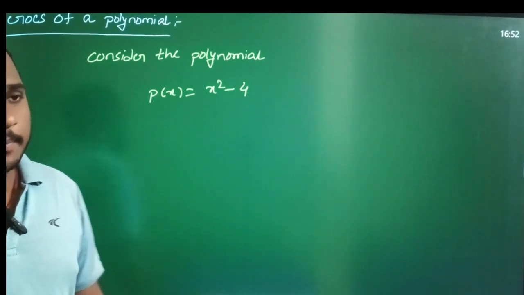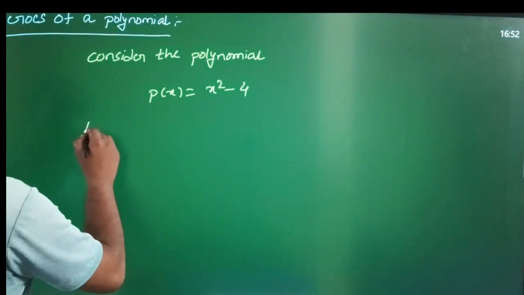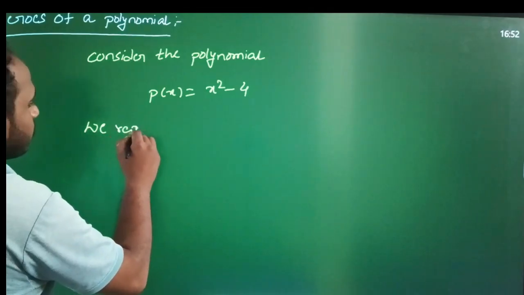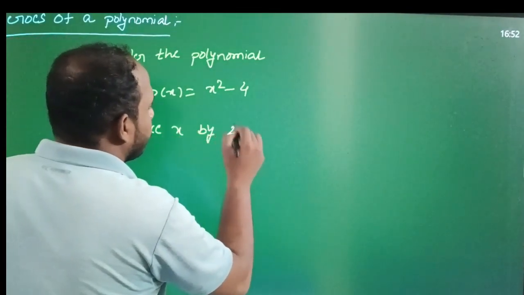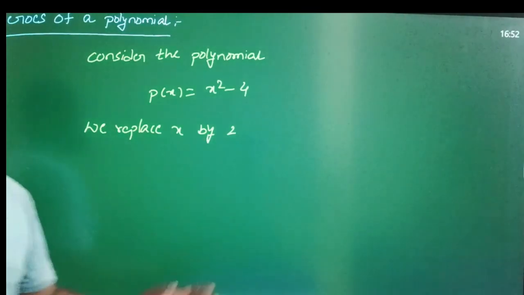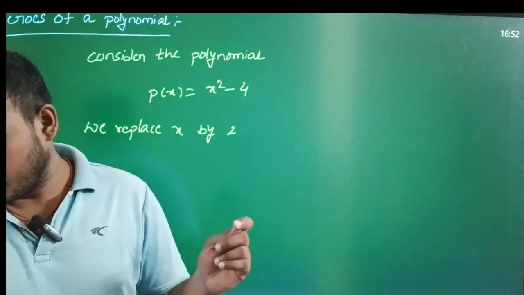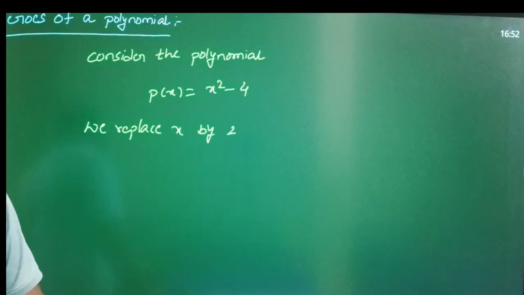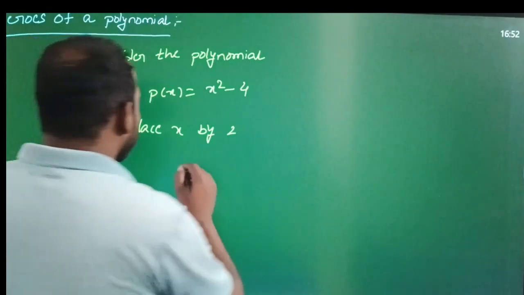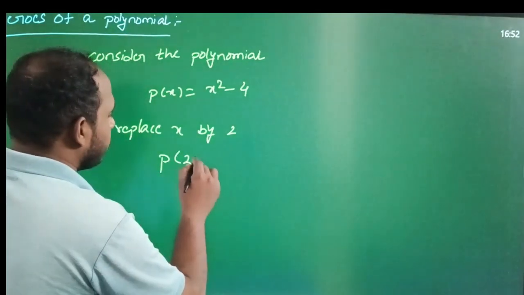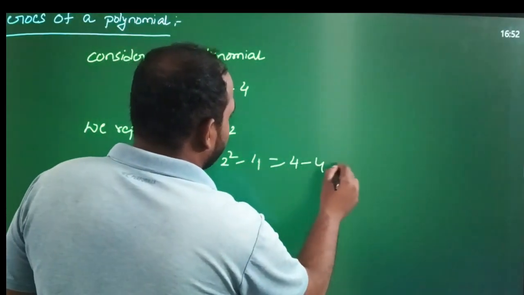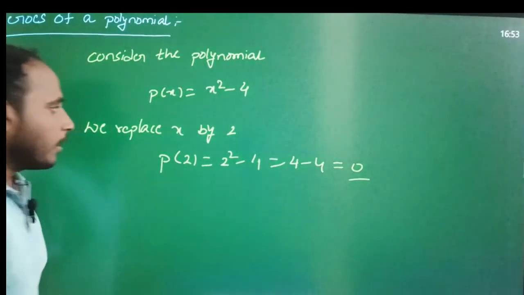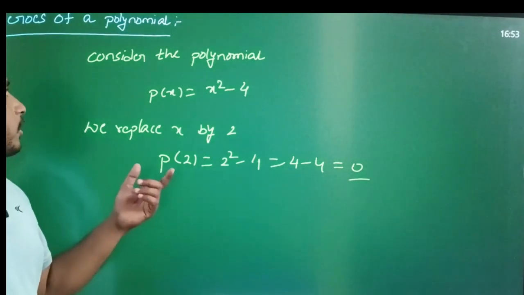Now, we replace x by 2. We will get p of 2 equals 2 square minus 4, which is equal to 4 minus 4, which is equal to 0.